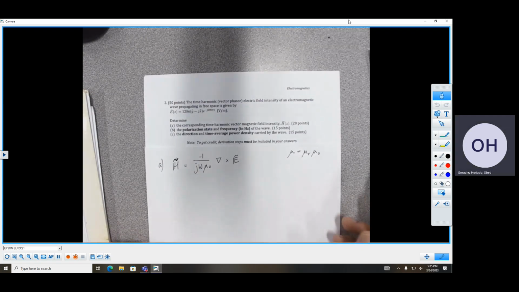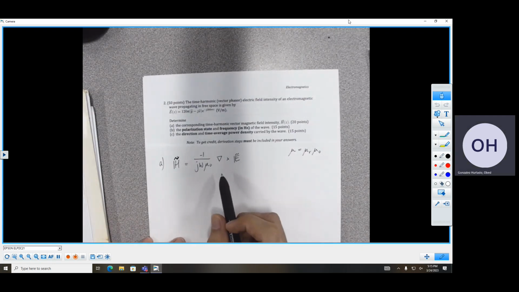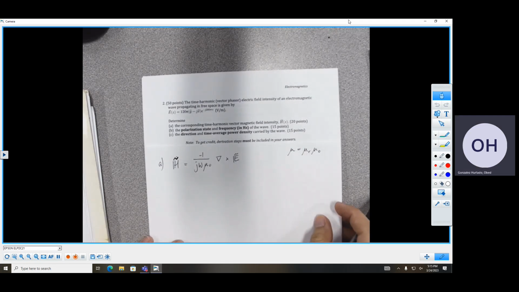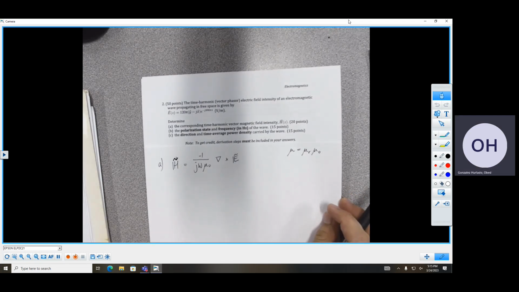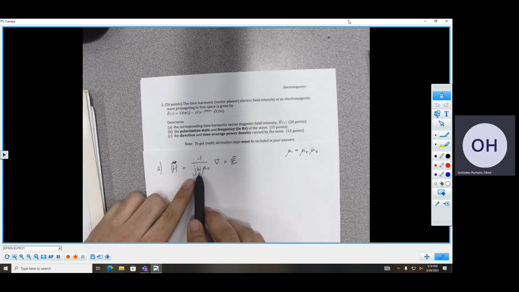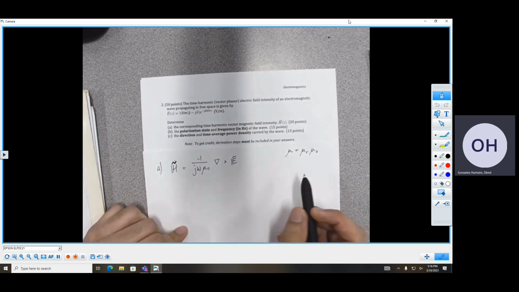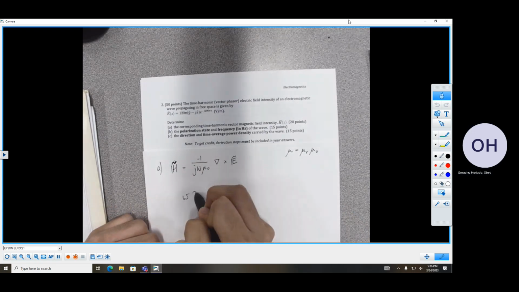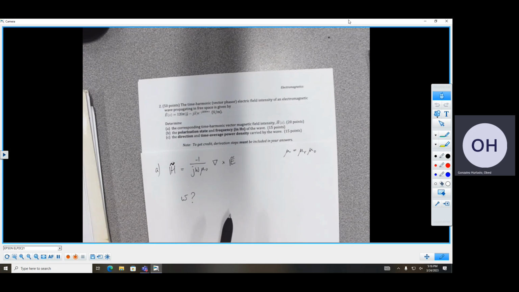Don't forget that. Same with the epsilon. A thing with this one was this was not given. So that is a question mark.